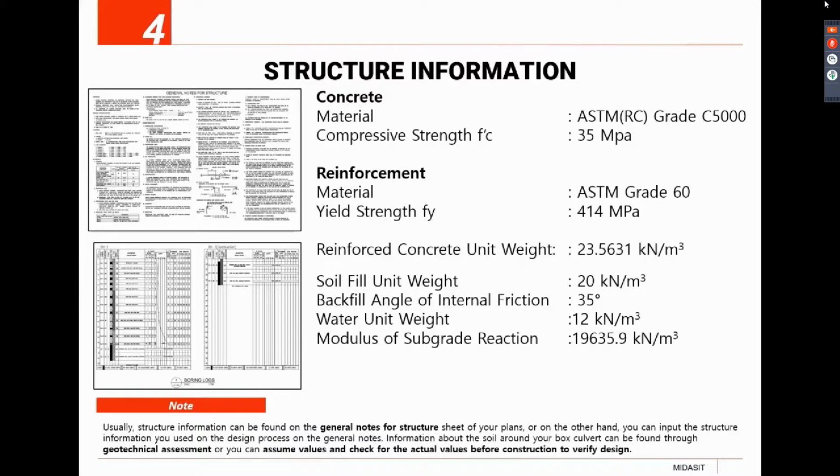What we ultimately need is the material data for the concrete, the reinforcement that we'll use, and the soil that surrounds our culvert. So we need the reinforced concrete unit weight, then the soil fill unit weight if we have, then the backfill angle of internal friction, and water unit weight if there's water surrounding the box culvert, and of course the modulus of subgrade reaction for our supports.